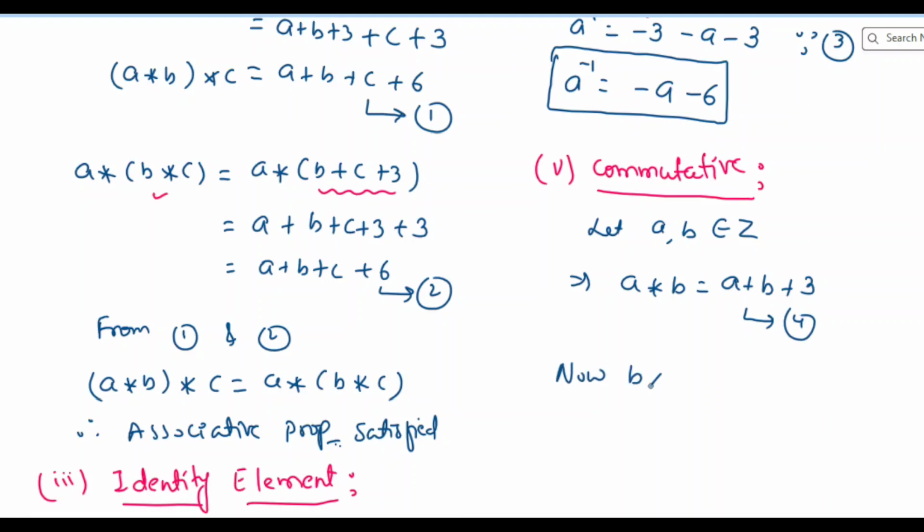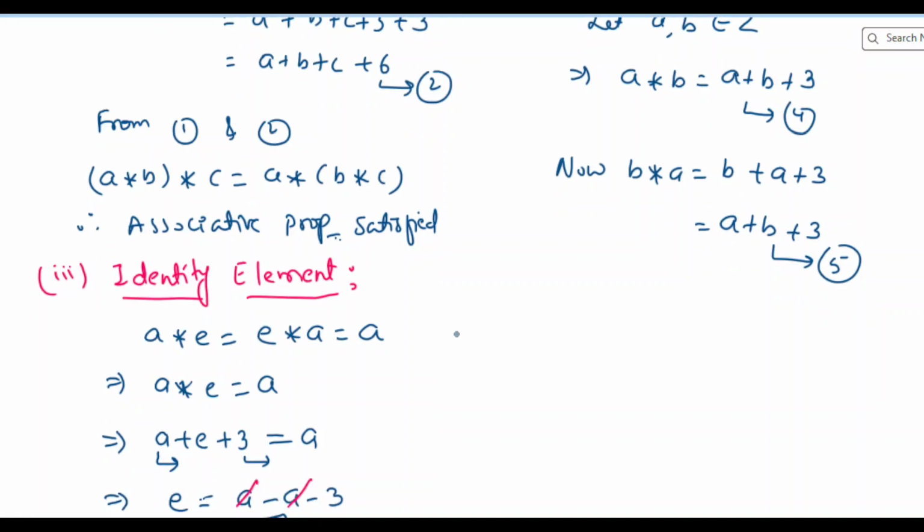The next part is b star a. Commutative in the sense we need to prove a star b is equal to b star a. So instead of b we have a, and b has changed to a. How does this become? b plus a plus 3. So b plus a or a plus b are both the same, so I can rewrite it as a plus b plus 3, and I'll take this as equation number 5. You can observe 4 and 5 are the same, isn't it?